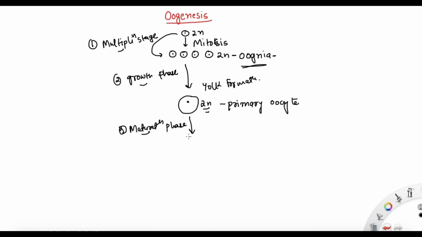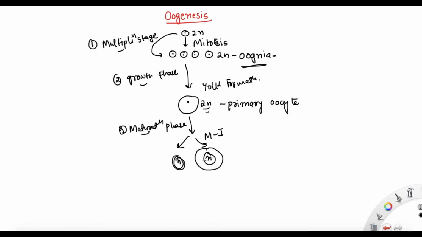The first one is meiosis 1. But there is a twist. Unlike the normal meiosis that we saw in sperm, where there is an exact equal division of chromosomes as well as the cytoplasm, in oogenesis, in meiosis 1, there will be equal division of chromosomes, yes, but the cytoplasm division is not equal.